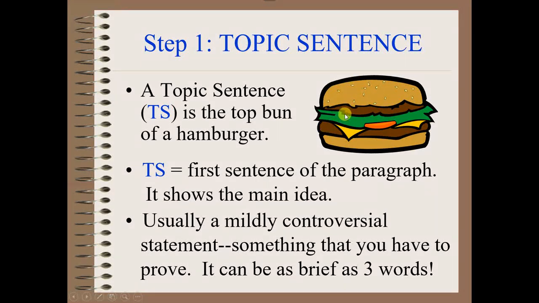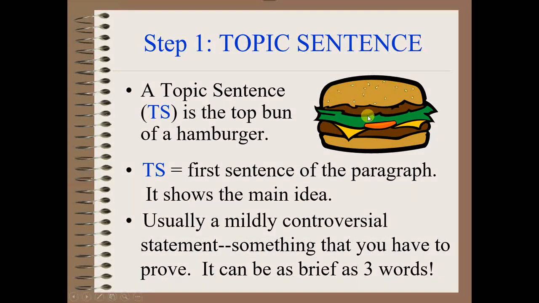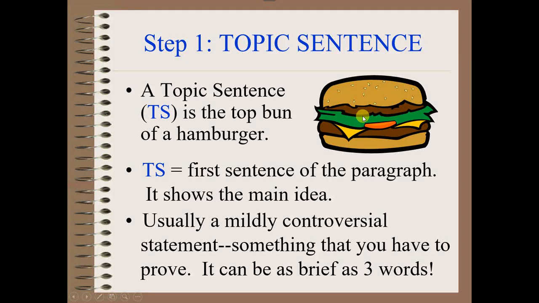And your meat of the burger is going to be your concrete detail. It's going to be red. Your commentary sentences are going to be green. That could be supposedly the veggies of the burger. And the concluding sentence is going to be blue again.